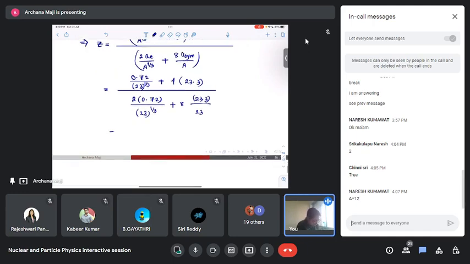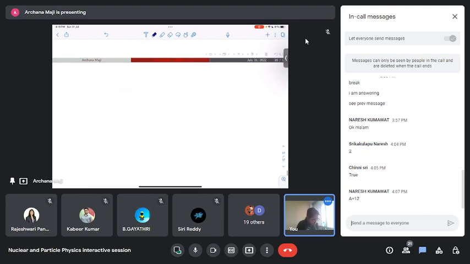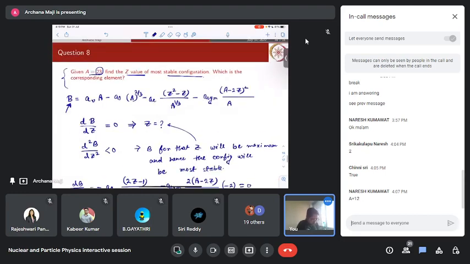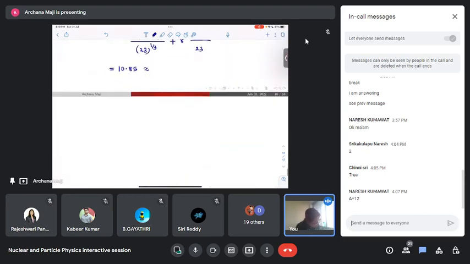If you calculate it, you will get Z nearly equal to 11. So therefore the element is sodium. Fine.